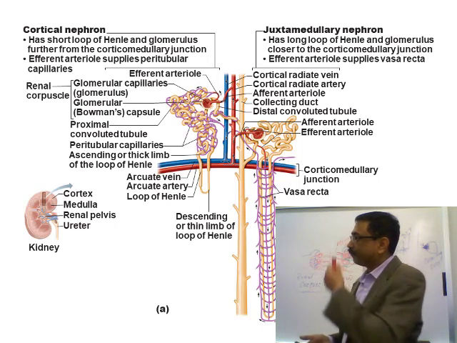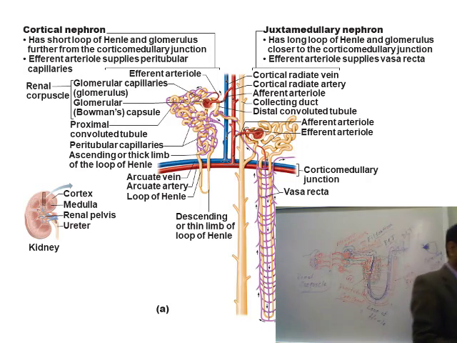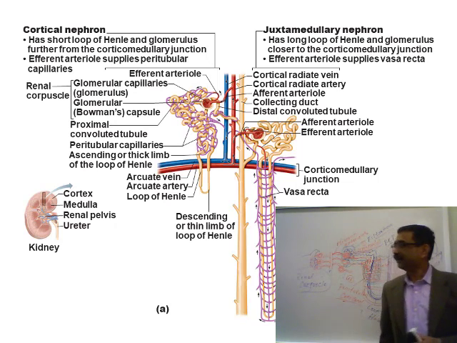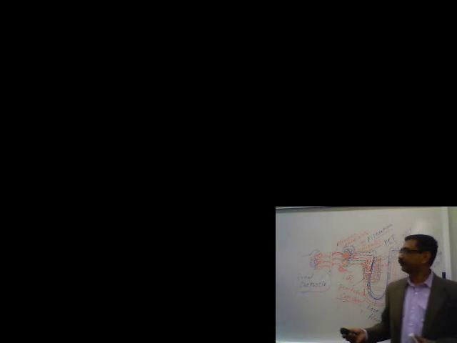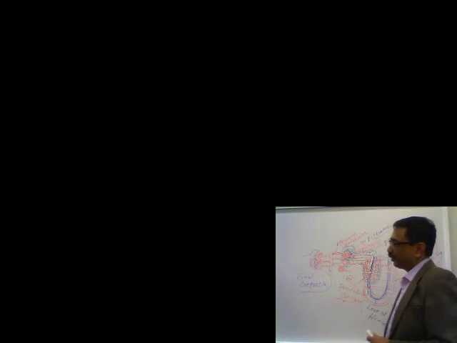Here you see in this picture the glomerulus, peritubular capillary and vasa recta. Those are three types of capillaries.